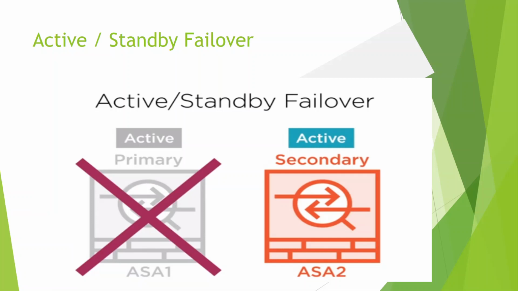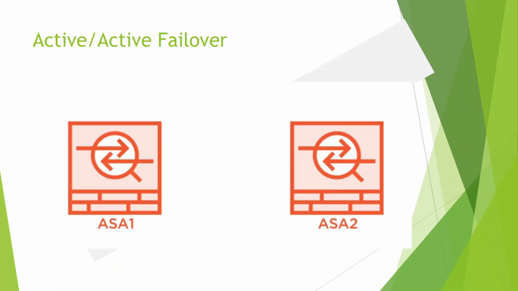Now, some devices only support active standby failover, on your lower end boxes, but some devices also support what's called active active failover, and active active failover is going to get you really the most bang for your buck. You're going to have two ASA devices, and those ASA devices will be operating and forwarding packets at the same time. So let me just briefly cover how that works. We will go into some of the details later on, but let's just cover it briefly.